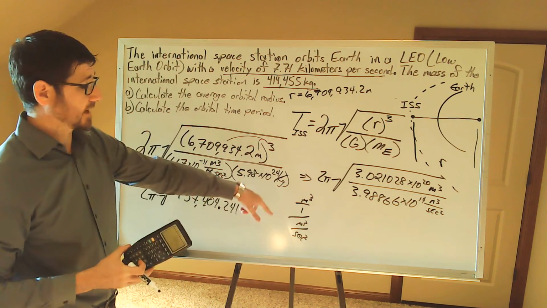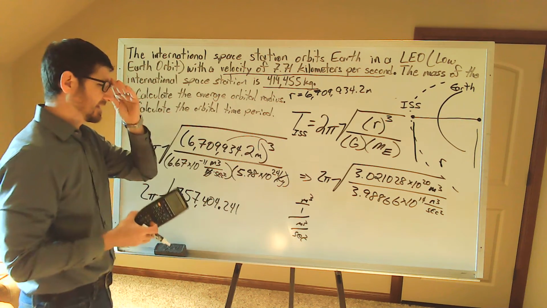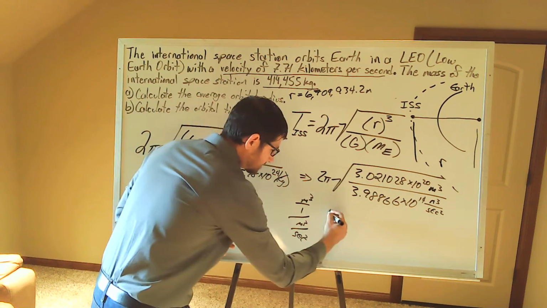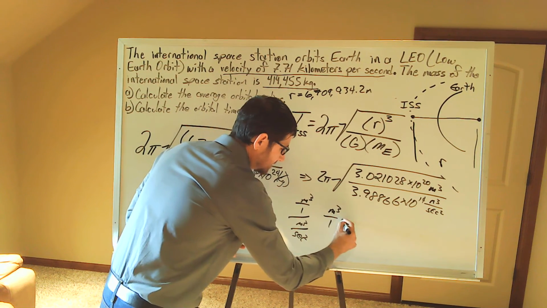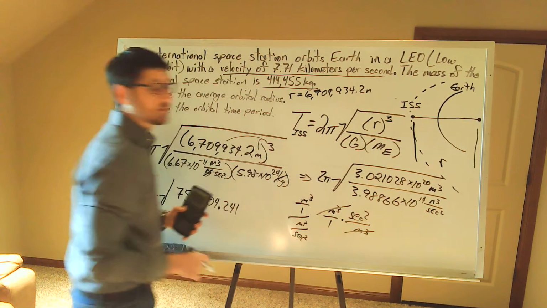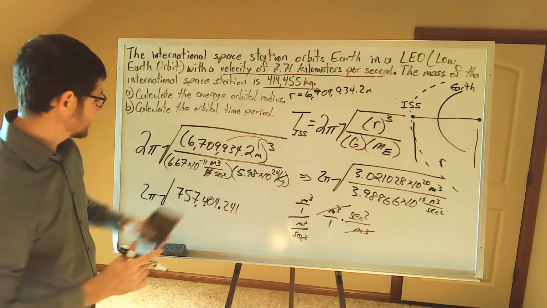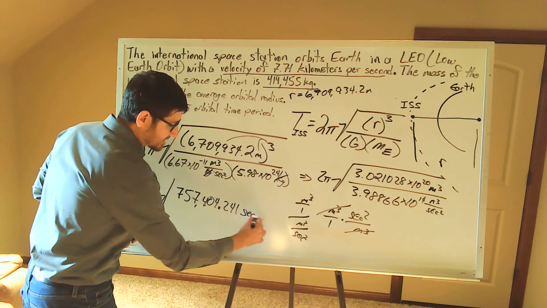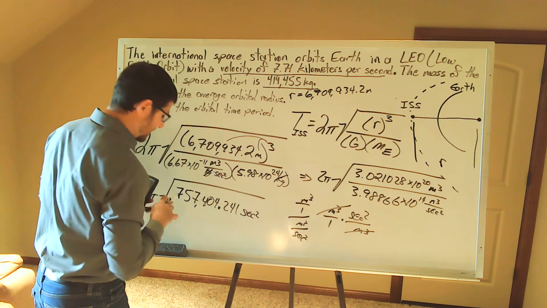So remember, when we divide fractions, it's like multiplying by the inverse of the denominator. So meters cubed over 1 times seconds squared over meters cubed. Units of meters cubed, this is going to cancel, leaving us with units of seconds squared.